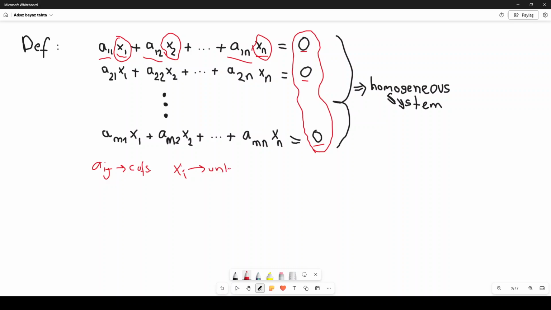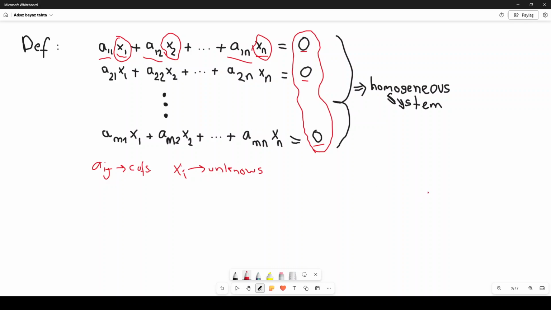We have the same unknown variables here, but this time what makes a homogeneous system different from what we are familiar with is that we have all zeros on the right hand side.